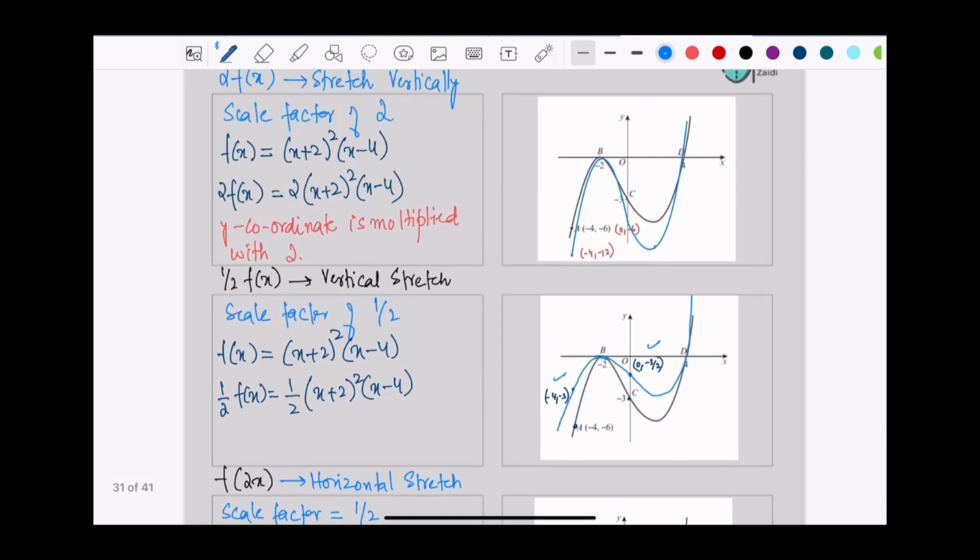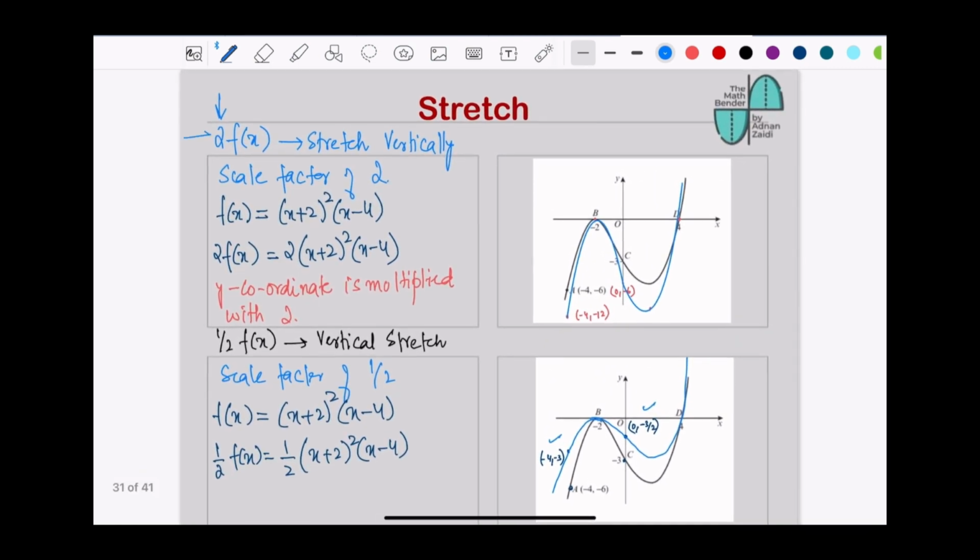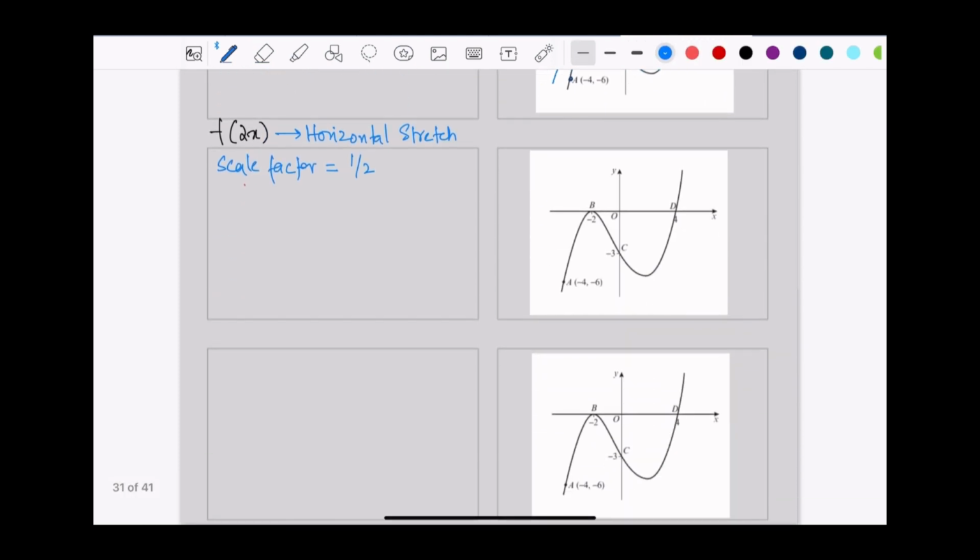Now, do you remember that with 2 times f of x, when I was vertically multiplying, we had a scale factor of 2, but here we have a scale factor of 1 over 2 when it is inside, as in 2x.